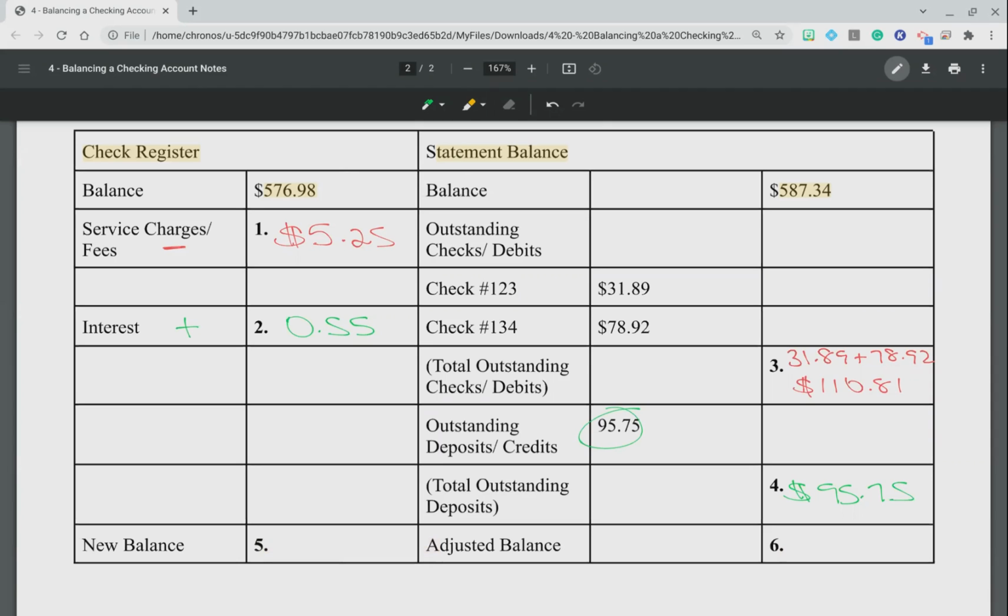Okay, so first, I'm going to take my $576.98, subtract $5.25, and add the 0.55. And my new balance here is $572.28.